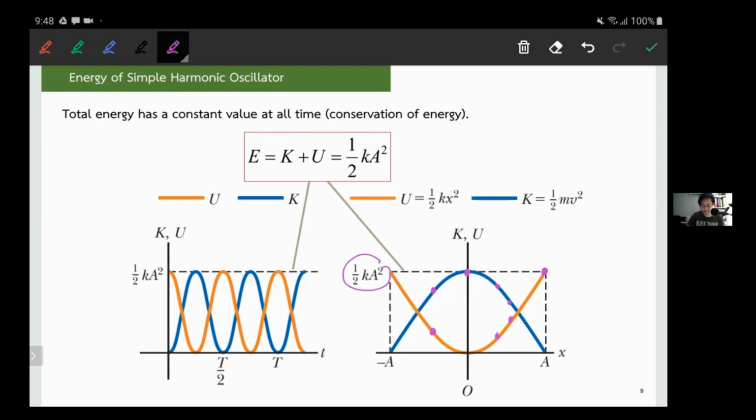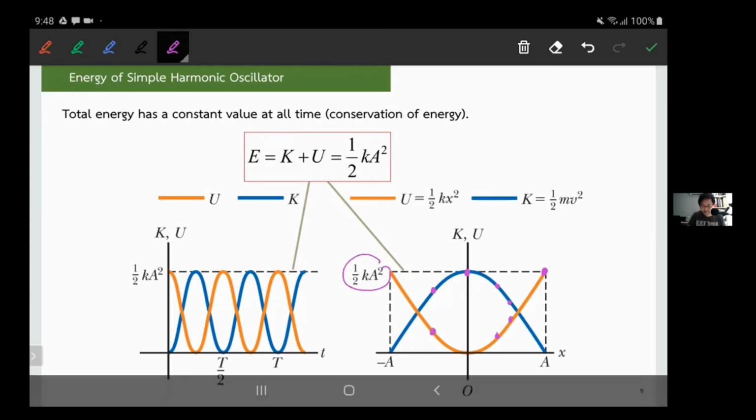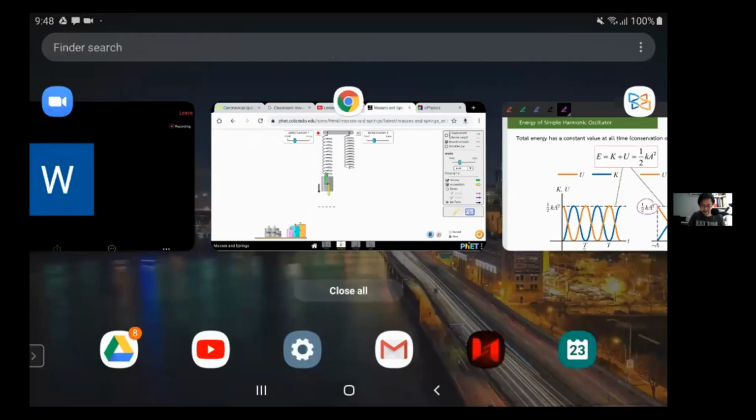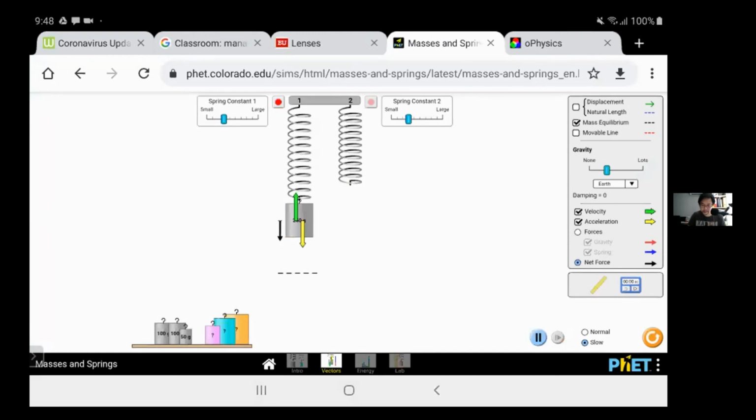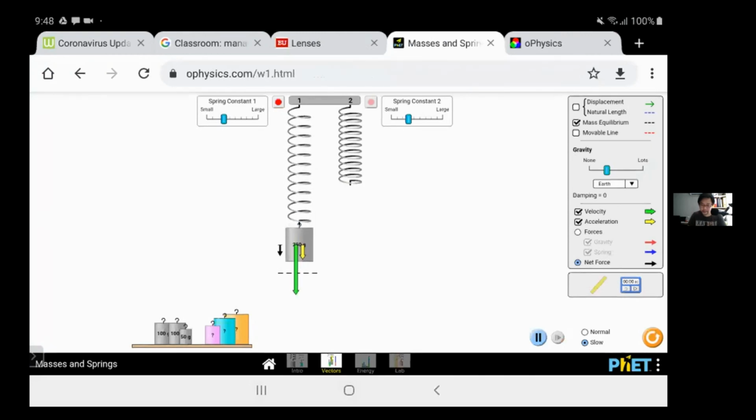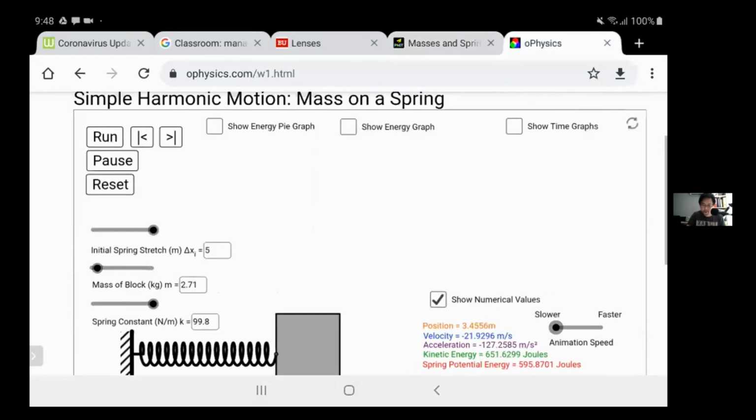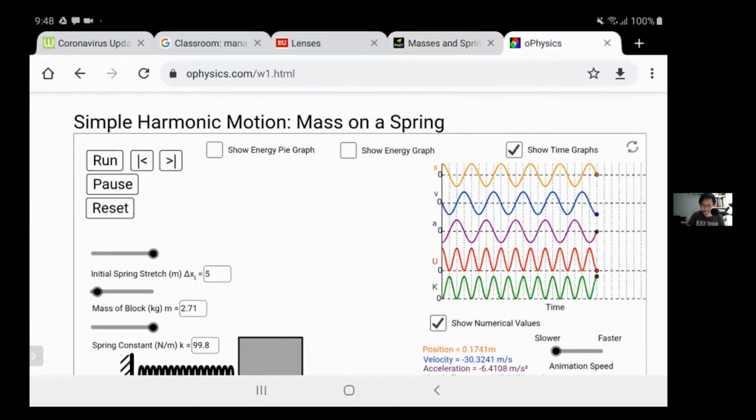Okay, so if I go back to my simulation a little bit, I'm going to pick the old physics right here, and now I'm going to show you the graph. Let me restart it one more time.